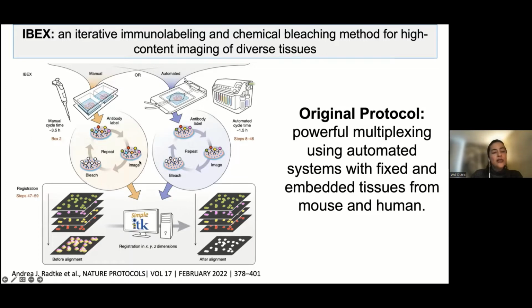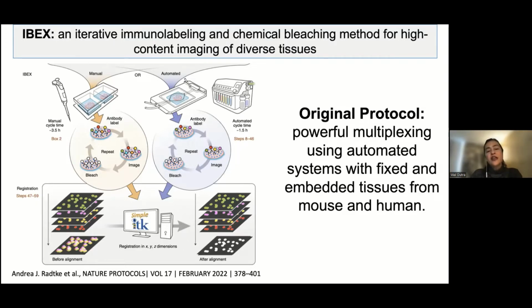So essentially what Andrea did was she established many different cycles using the same slice of tissue, either manually or using an automated system. The difference of the automated system from the manual is that from the moment you put your tissue there to remove the paraffin, to go through all the steps, blockings, labeling and all that, it's done automatically by a machine.